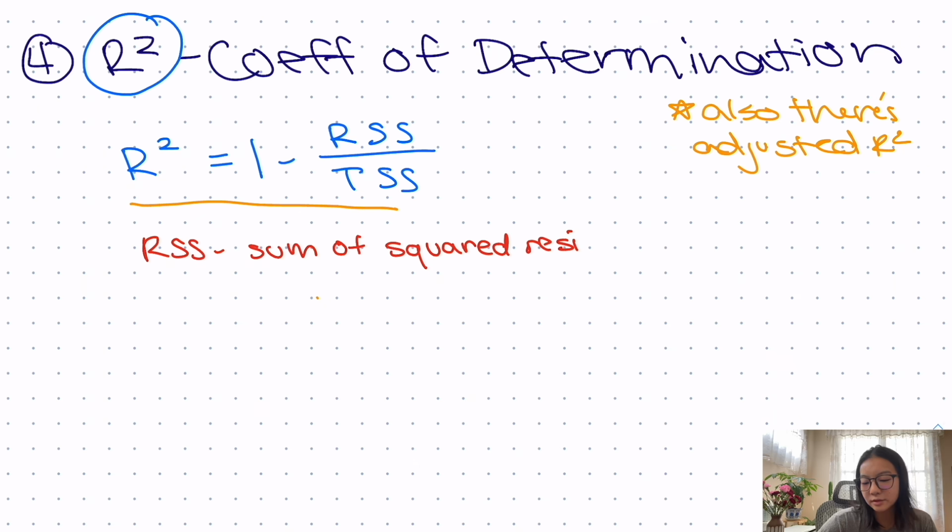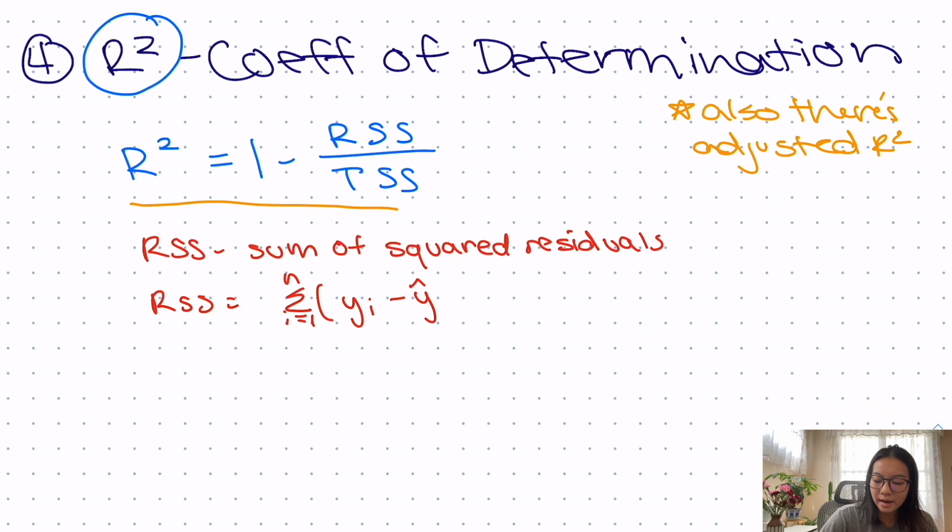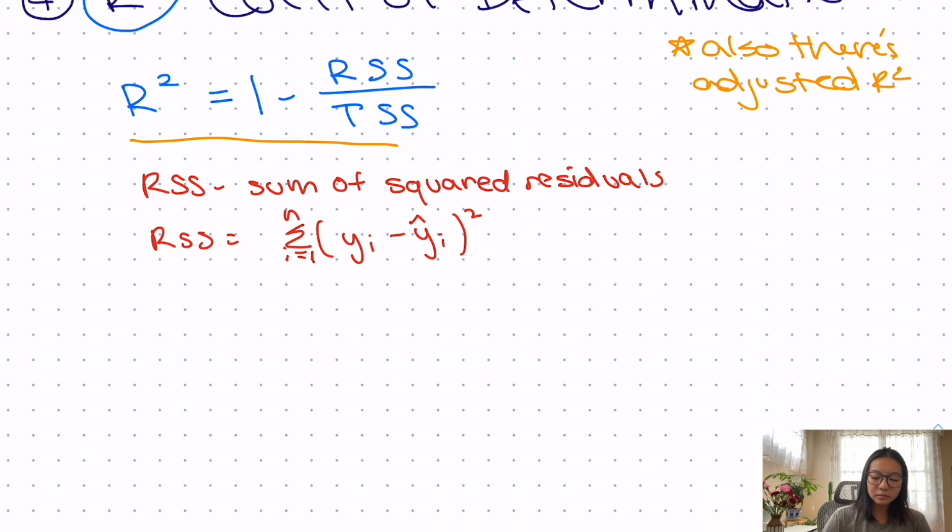Maybe it should be SSR instead, but RSS, the sum of the squared residuals. This is equal to the sum over all the values of y_i minus y hat i, squared. That is my RSS, right? It's a sum of the squared residuals.